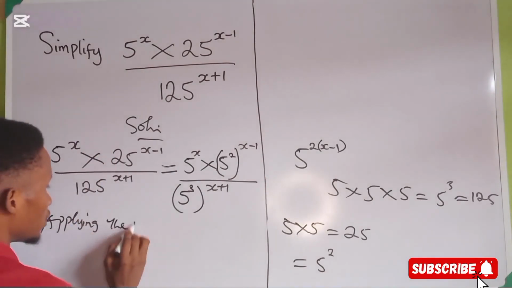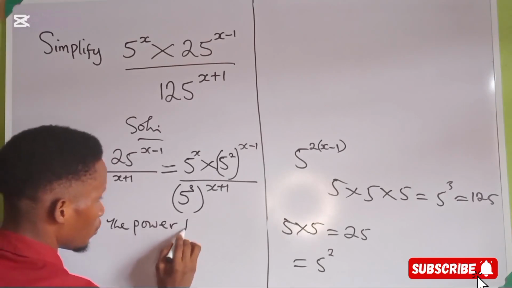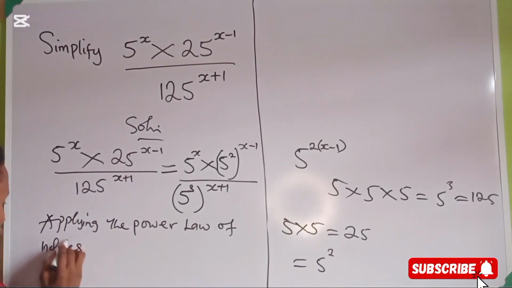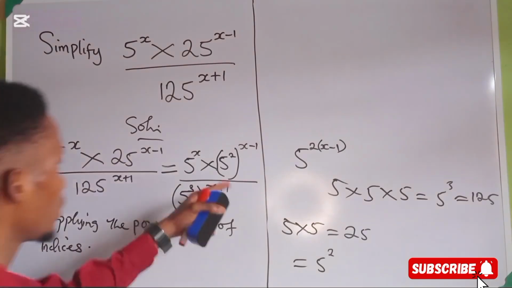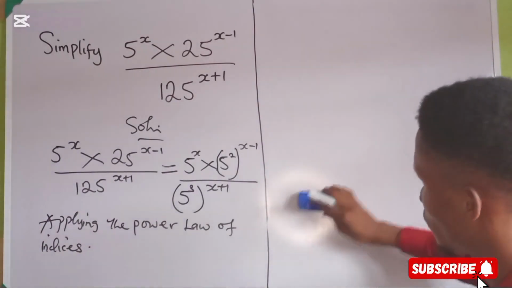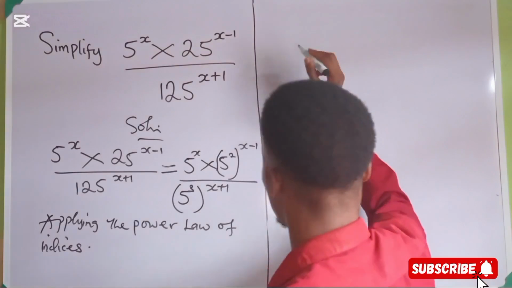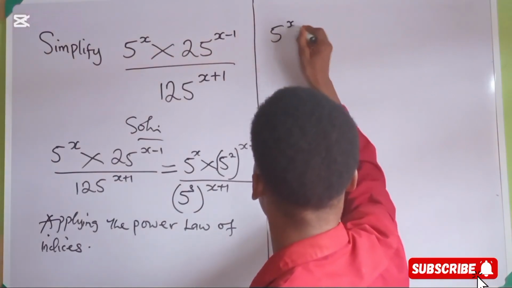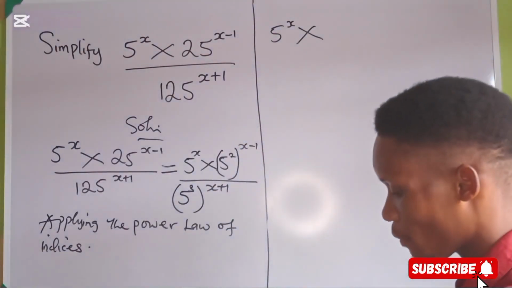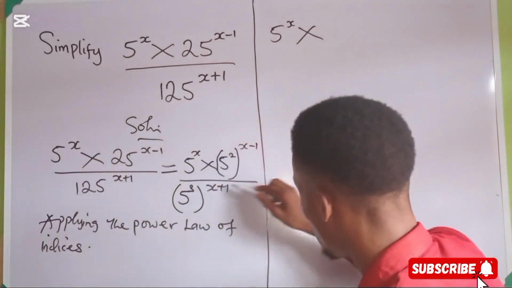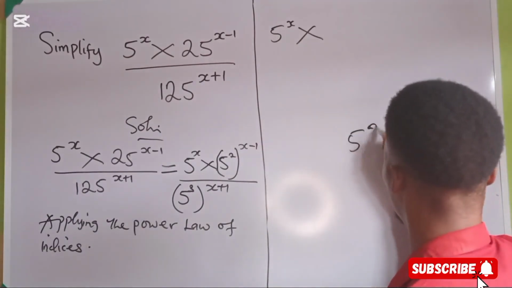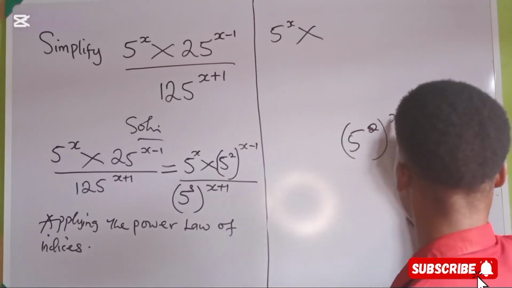So if you apply the power law of indices, we're going to have 5 raised by x, all multiplied by the one you're going to make use of, where we have 5 raised by 2, all bracket x minus 1.